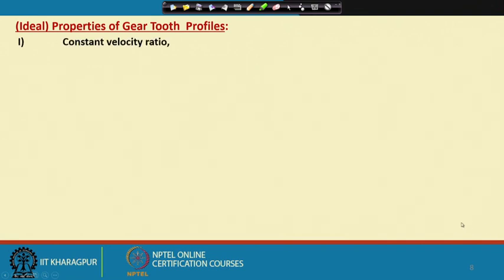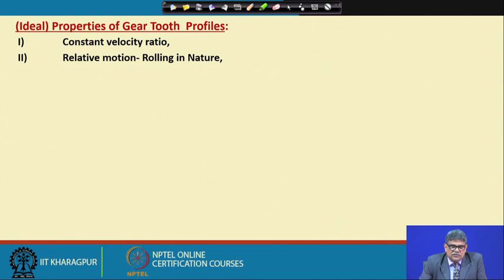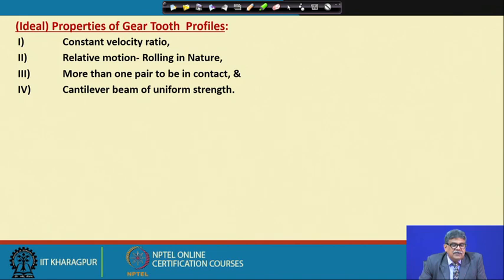Now, ideal properties of geared tooth profiles should be like this: constant velocity ratio, relative motion rolling in nature as much as possible, although there will be slide which I have discussed, more than one pair in contact, and cantilever beam of uniform strength. That should be the ideal geared tooth profile.